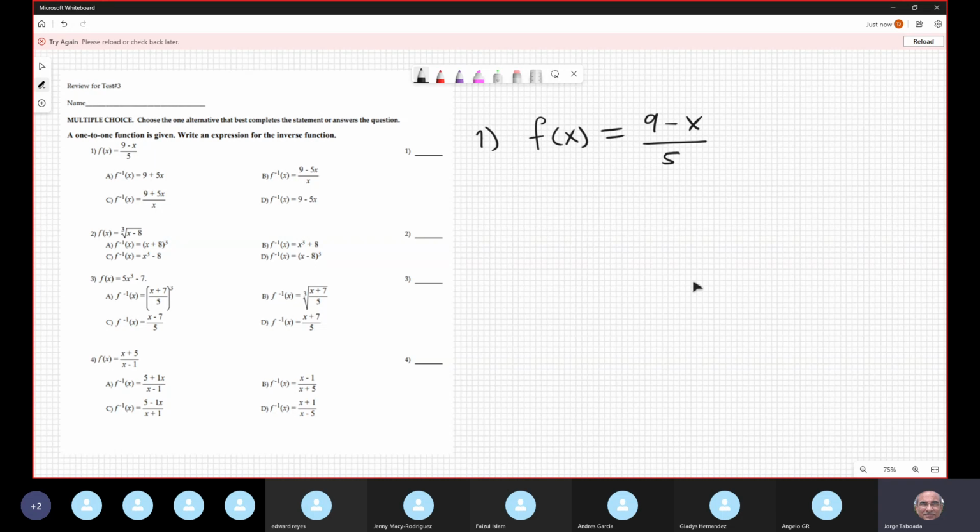Very well. And what do you think about this? Pass the test or fail the test? I need to do the graph. However, do you see what the graph of this looks like, or no? It's clear or confused? 9 minus x over 5.